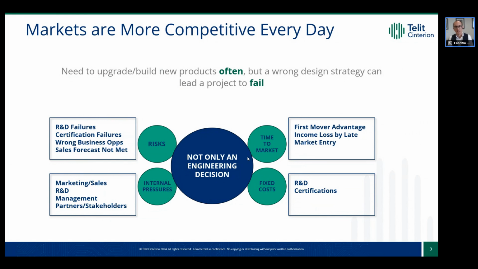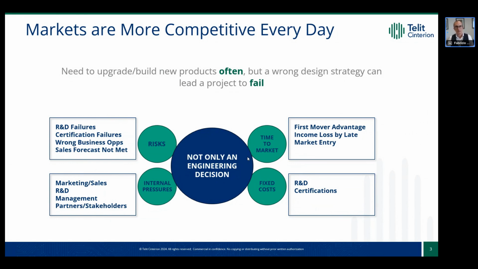Also, you have to consider the fixed cost that can really impact your final cost of your product. You have to take into consideration R&D costs, but also certification costs, and also the risk in failure. For example, it's quite common to fail the first iteration of certification. So you have to reapply several times, raising the cost.